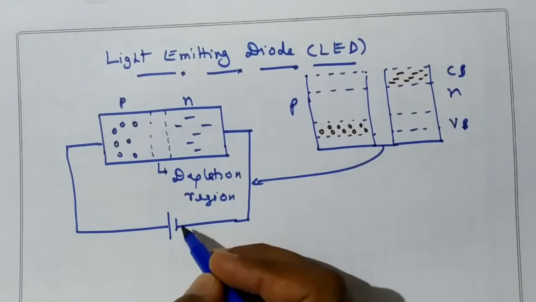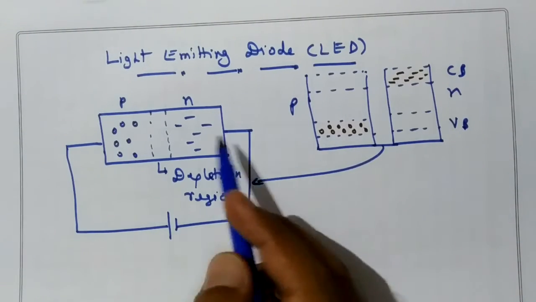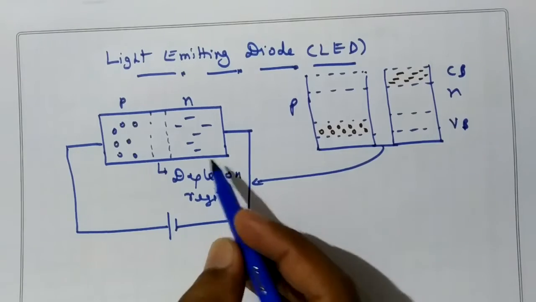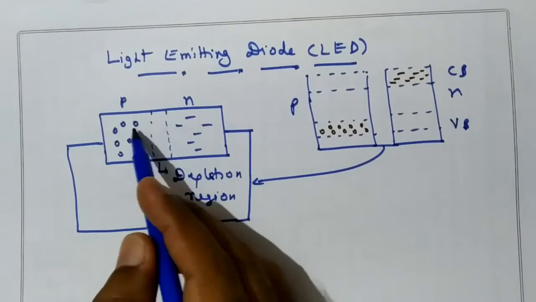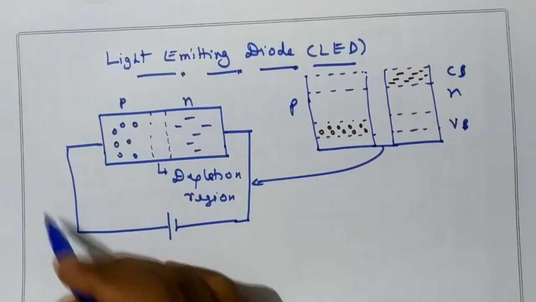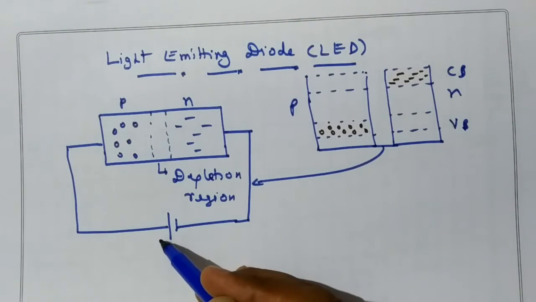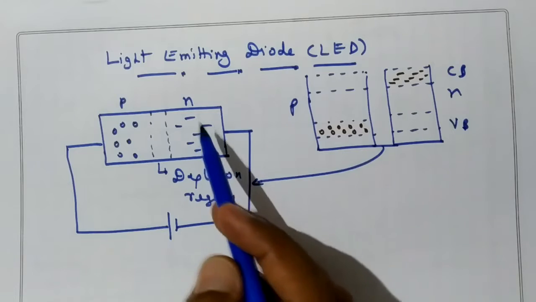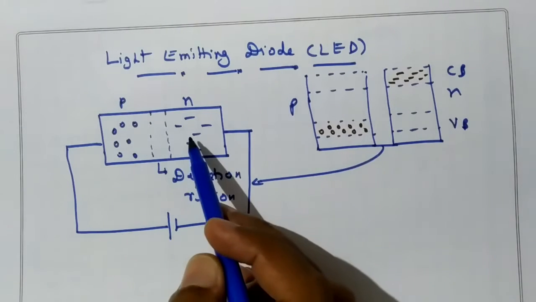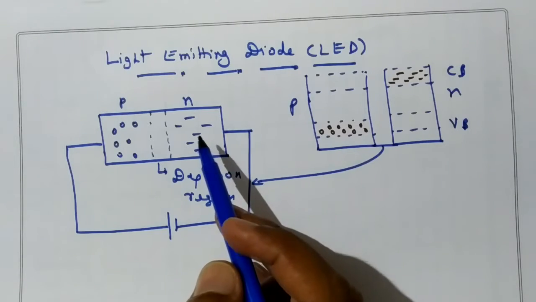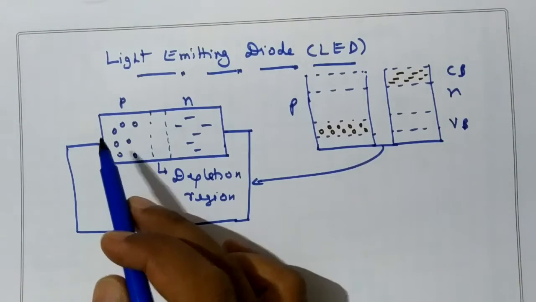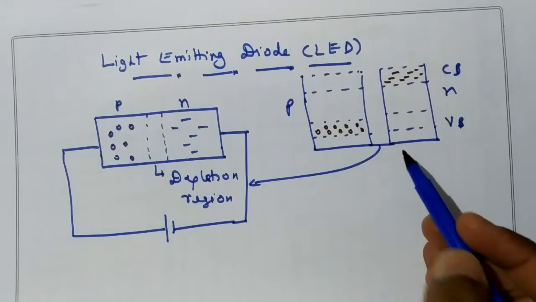When the diode is forward biased, the electrons cross the junction. Once they cross the barrier potential, those electrons are collected. But here we are not discussing the conductivity of the diode, but the emission of light. So we have to explain it in a different way.